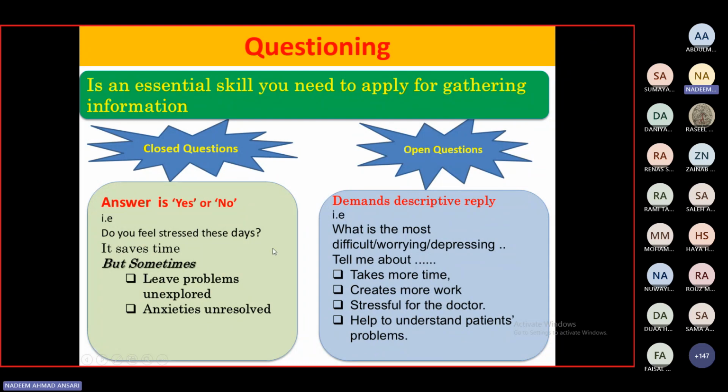So we should always start with the open type of questions, because by asking open questions, the patient will keep on elaborating his story and explain everything to you. But yes, we will keep on switching from the open questions to the closed-ended questions so that your communication is not very long. Because we should always try to ensure proper time management in our communication.